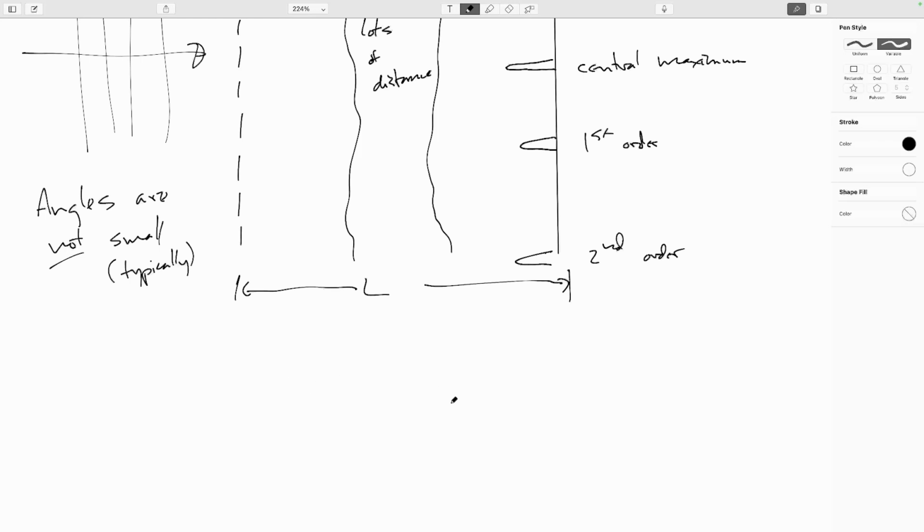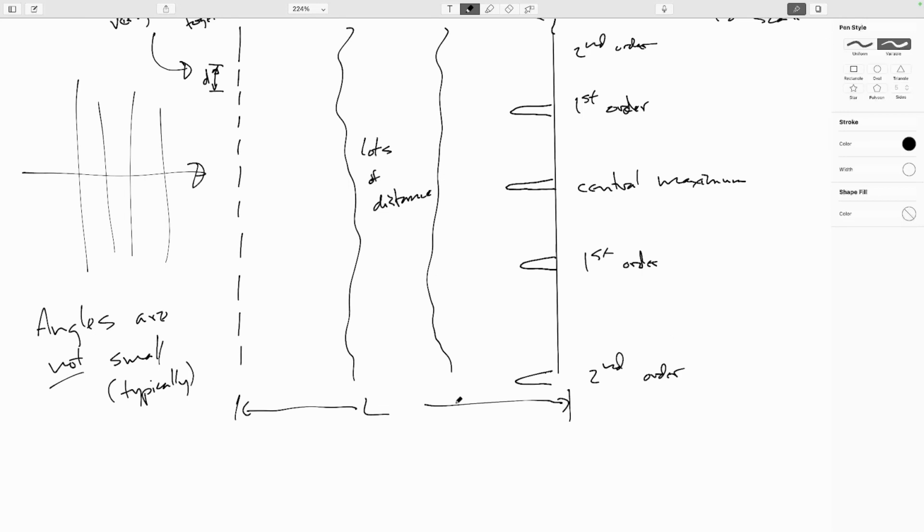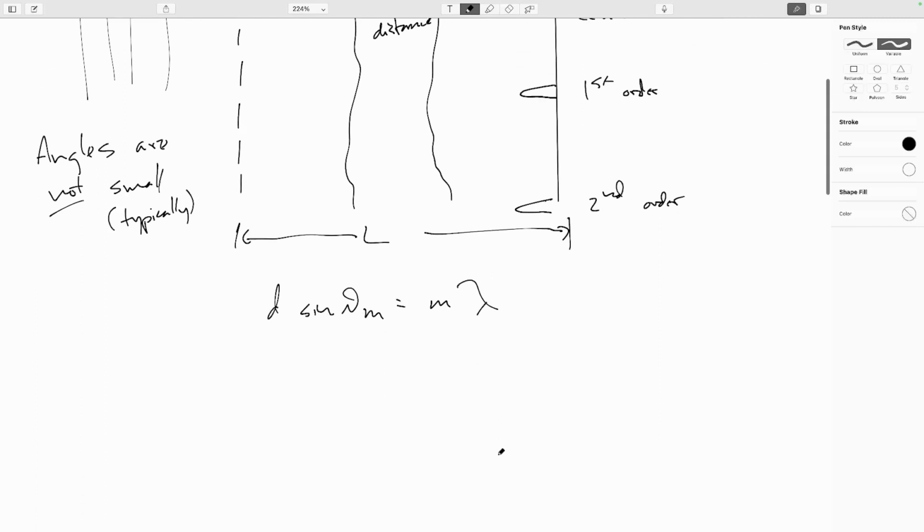So if, say, this distance here is y1, the distance of the first order, we just have to say d sine theta for the mth order will be equal to m lambda. We can't turn the sine into just a theta like we did before, and we have to say that y_m is equal to L tangent of theta_m.